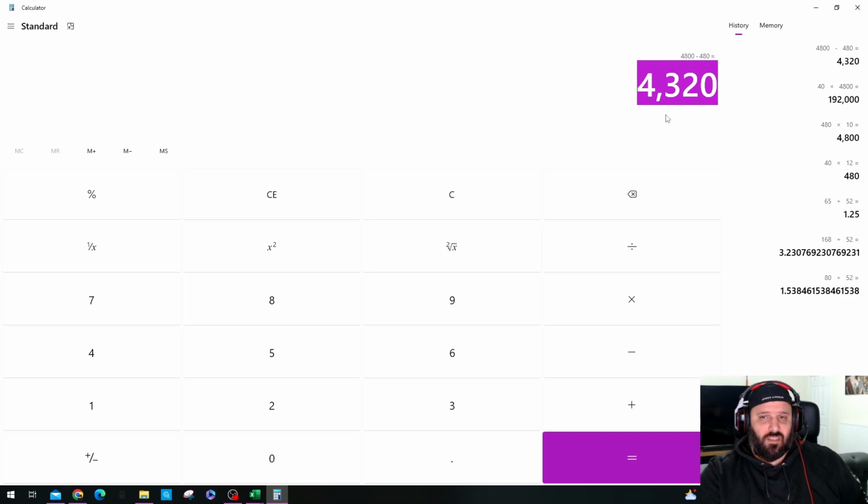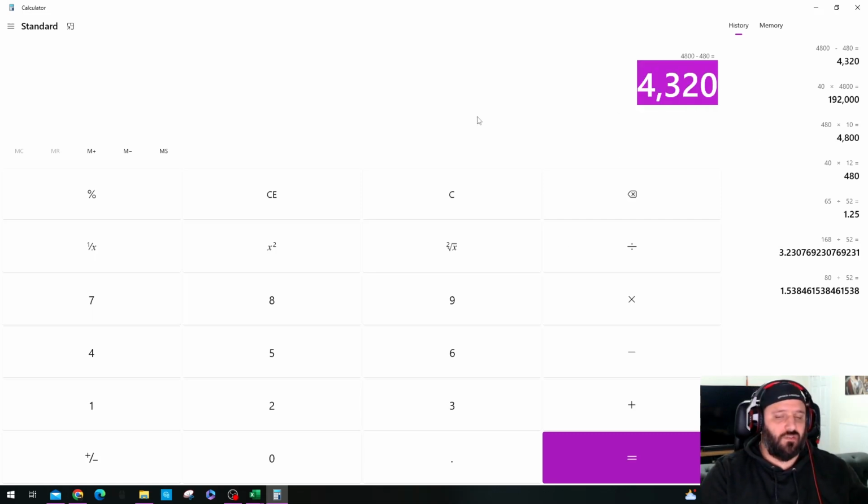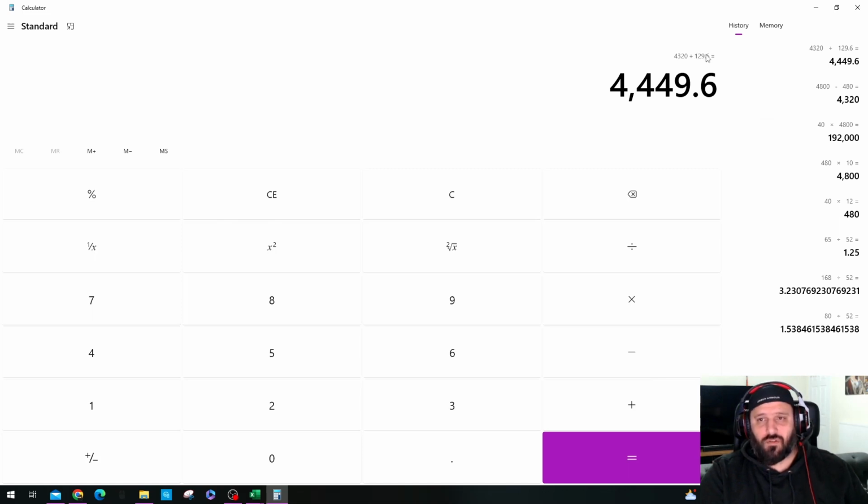So if you invested this, or if you had it in a savings account for a year, let's say at roughly 3%, which I think is about right at the moment for savings accounts, then out of those 480, by the money being on your side, you got 129 just for that money being in a savings account.